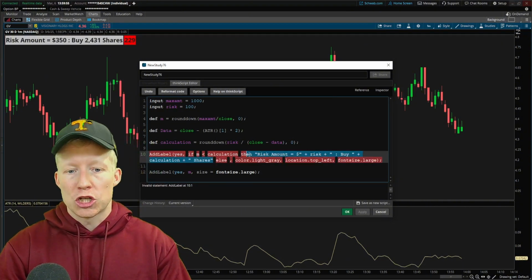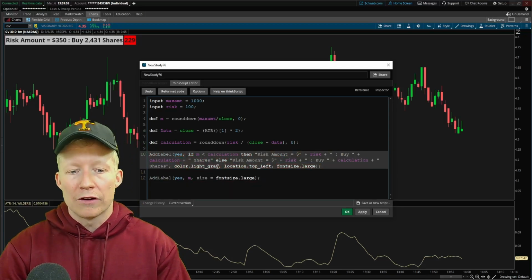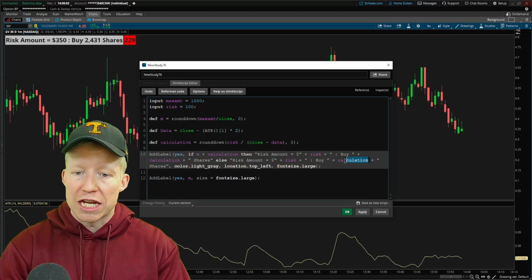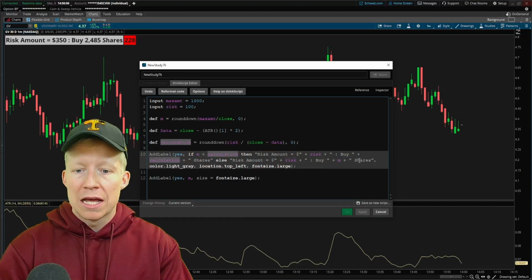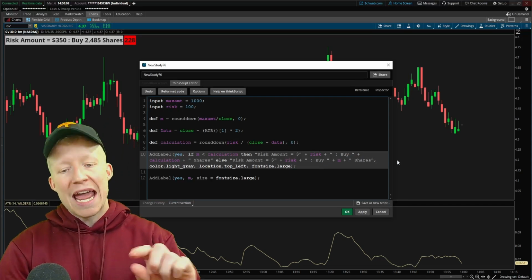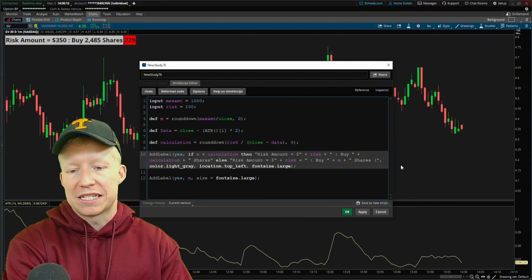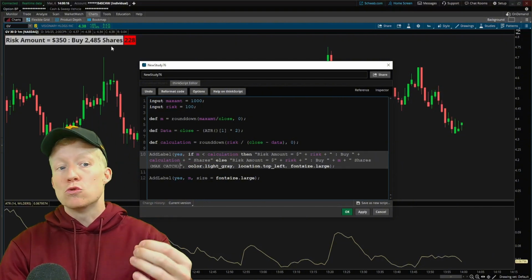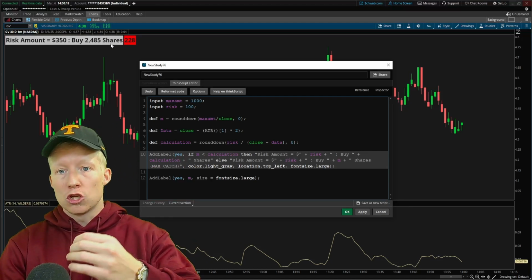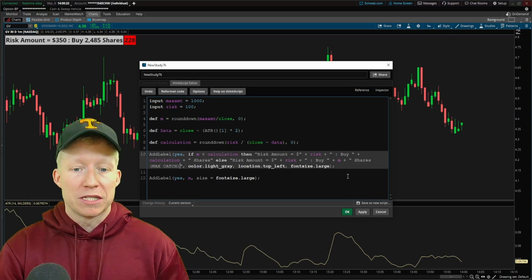Else, I want to show the same exact thing, except instead of using the calculation as the number of shares we should buy, we should show M as the number of shares we can buy. And at the end of this one's text, I'm going to type in something like max catch or something like that, so that the user knows, hey, you are just simply buying the max number of shares available to your max amount position size here.